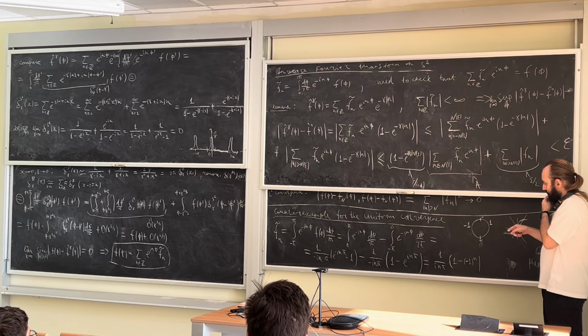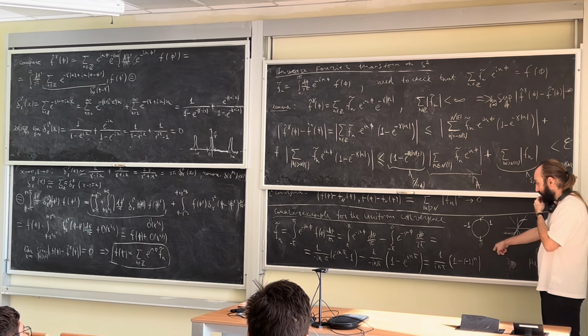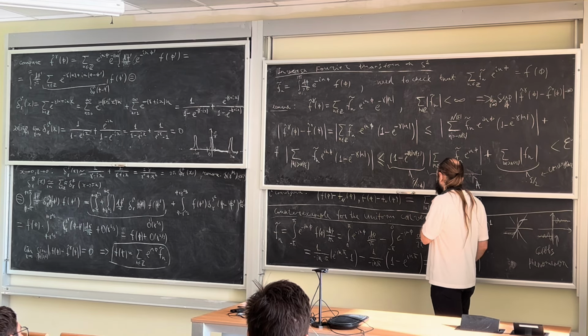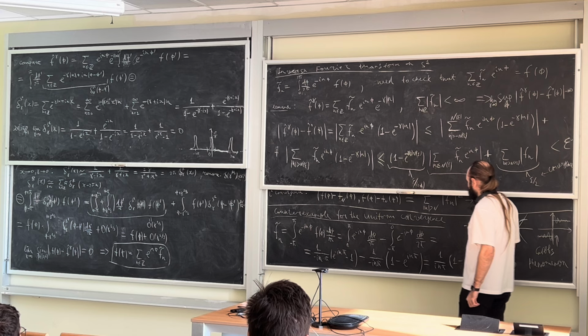Right. So this is something that cancels for even n's and equals 2 over n pi for odd n's.